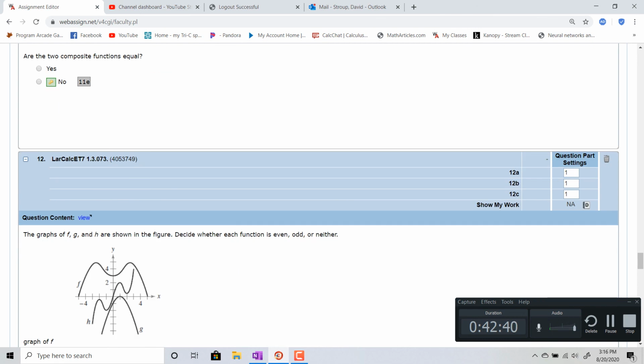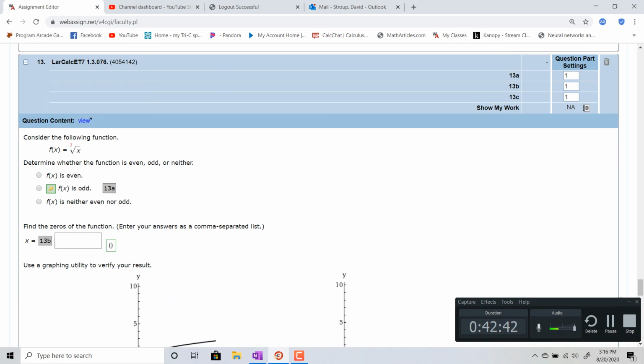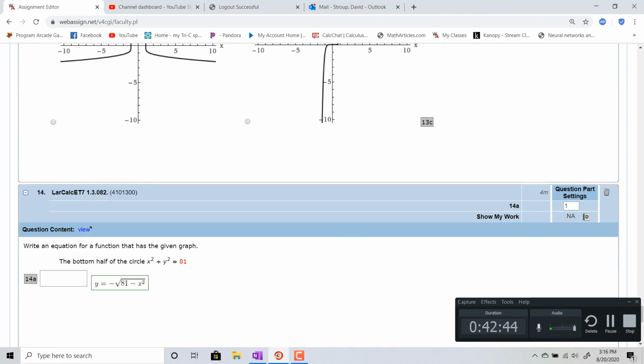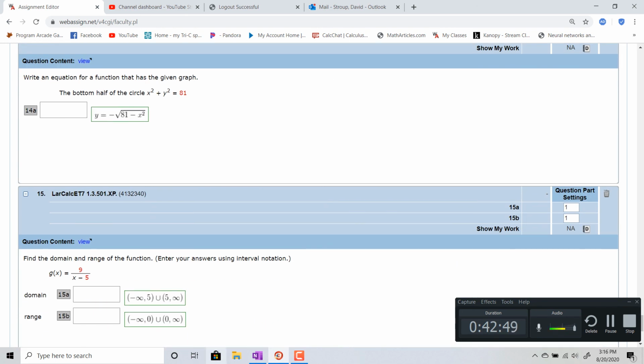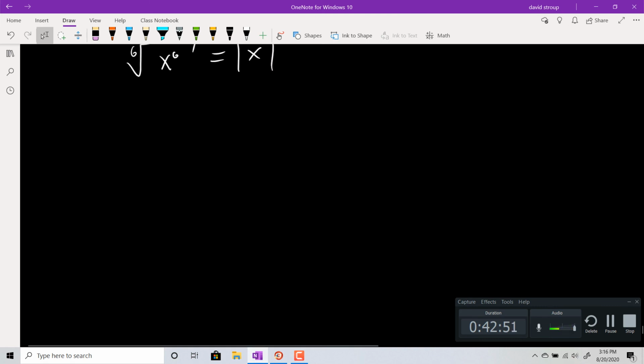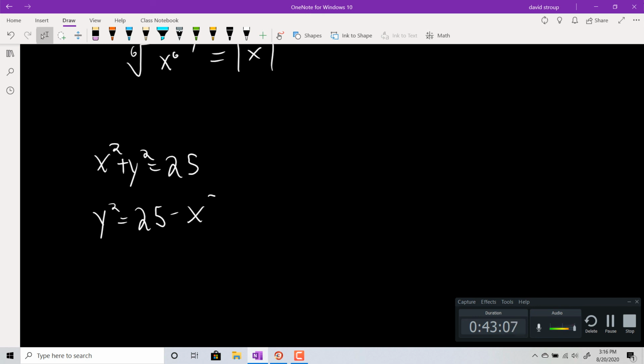What else? Some odd and even stuff. Odd, even. Tops and bottoms of circles. So if you have something like x squared plus y squared is 25, it's a circle centered at the origin. Okay, you can rewrite it as two functions. You can write y squared equals 25 minus x squared, and then you can solve for it. Y is plus or minus square root of 25 minus x squared.